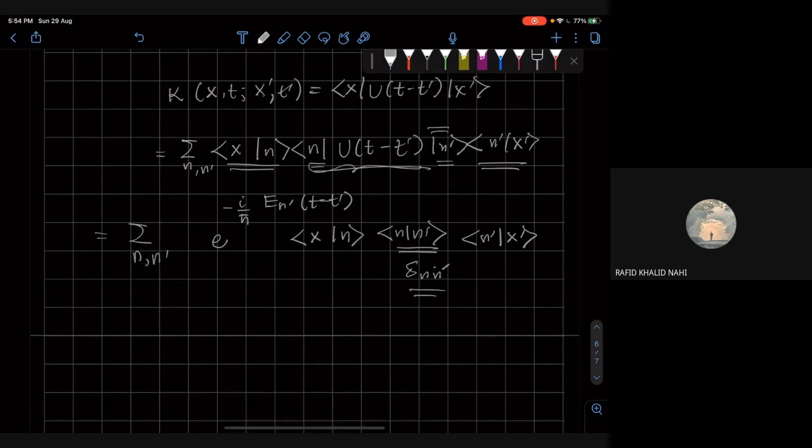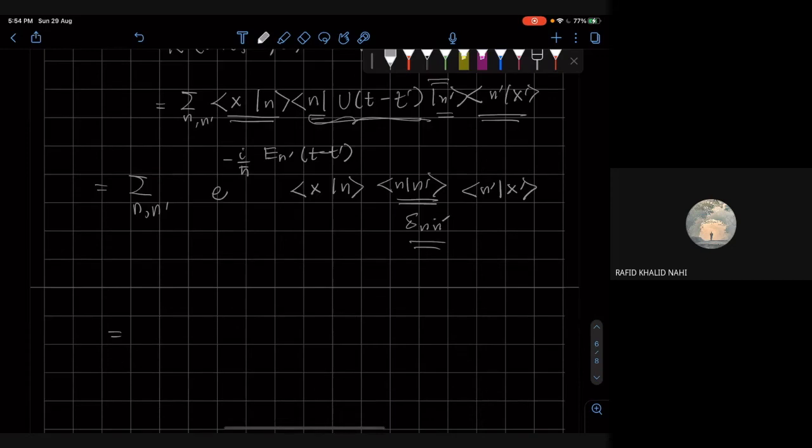So using this, we can now do one of these sums. When I do one of these sums, I get n, and therefore I get x here. Then we can write one of these factors here, and that factor is e to the power minus i over h bar E n t, because n prime has become n.